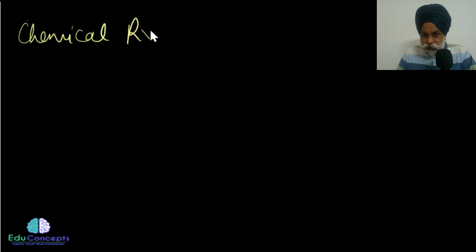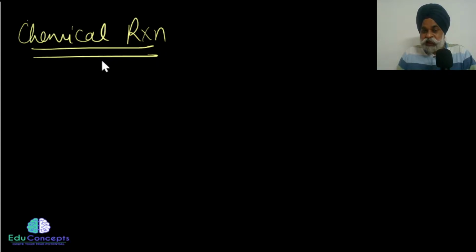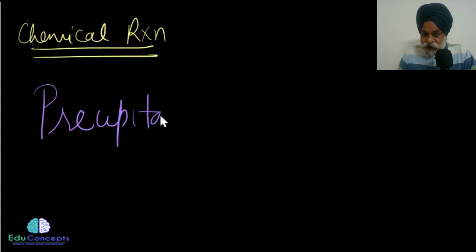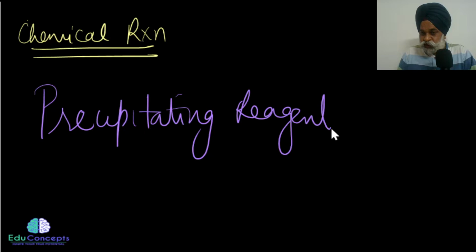and then you have to mark it from the point of view of n-factor. Now coming on to the chemical reactions of silver nitrate, one thing is very important. It is a very good precipitating reagent, which we have already done in salt analysis as well.